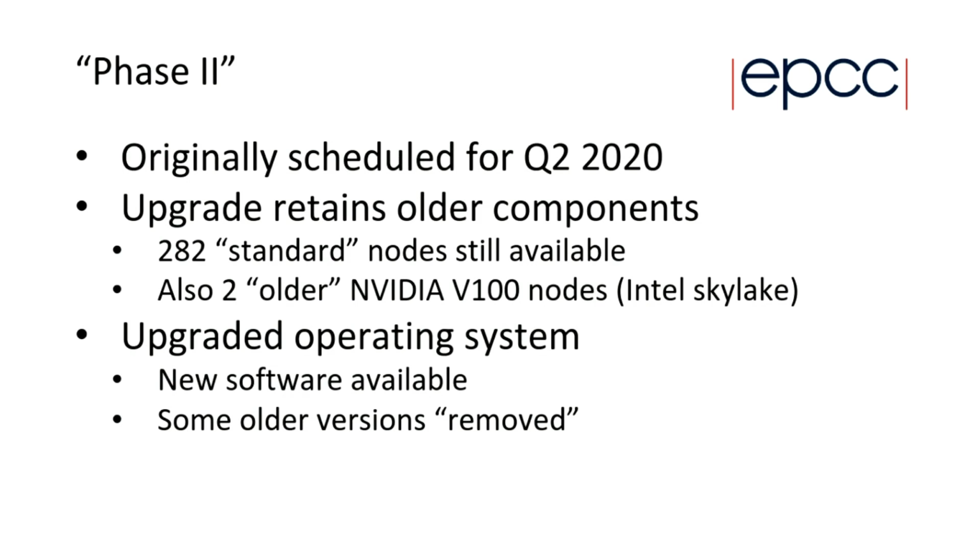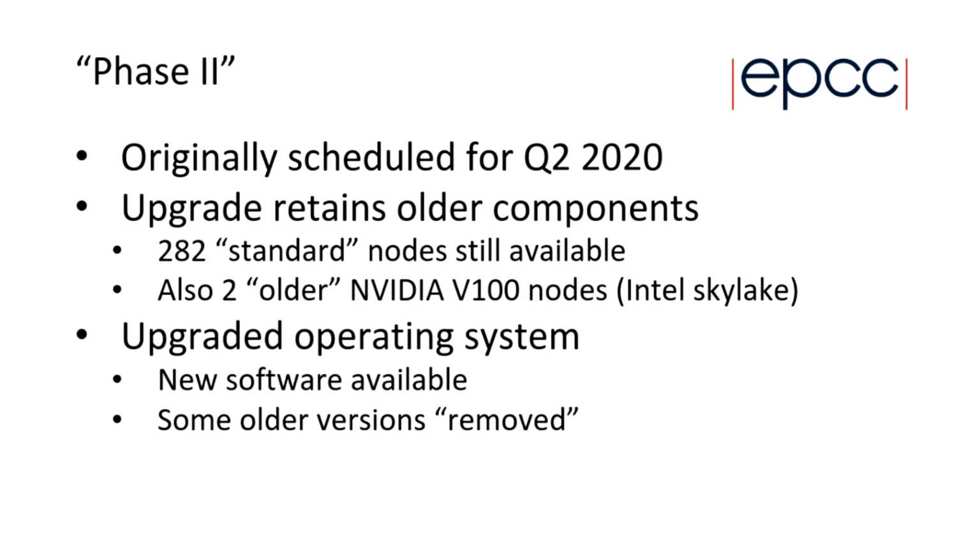This piece, which I'm going to refer to as Phase II, retains all the older components. So those 282 standard nodes are still available. We also have 2 what I'm going to refer to as older NVIDIA V100 nodes.